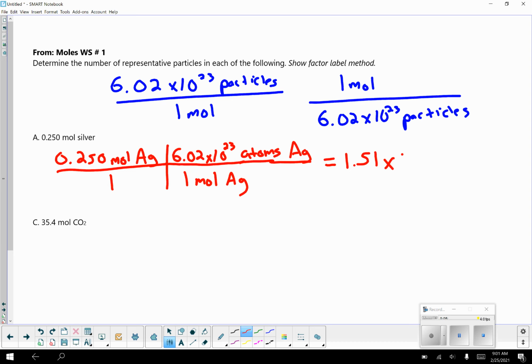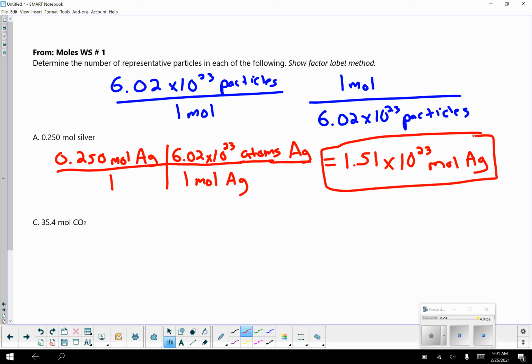I'd label your answer as moles of silver. Oh, I'm sorry, that's not moles at all. It should be atoms. That's my fault. I'm trying to do too many things at once here. Atoms of silver.